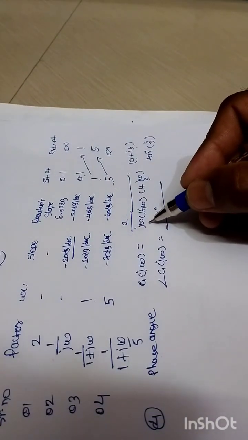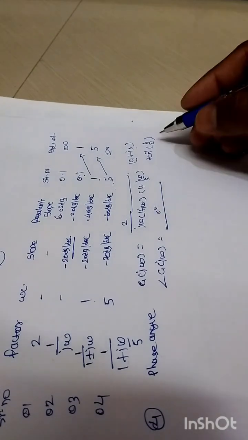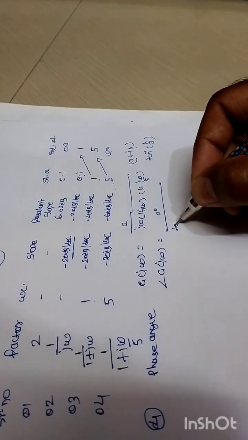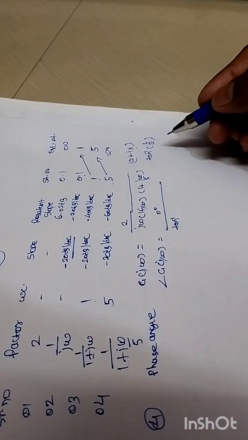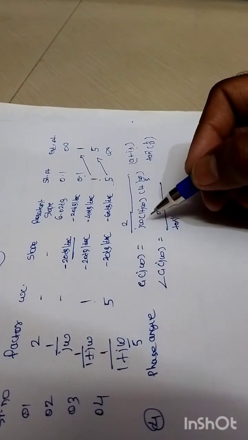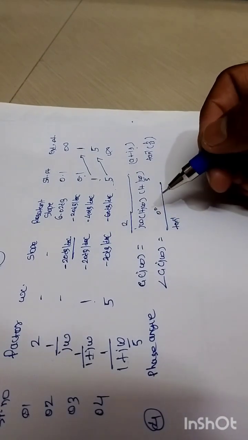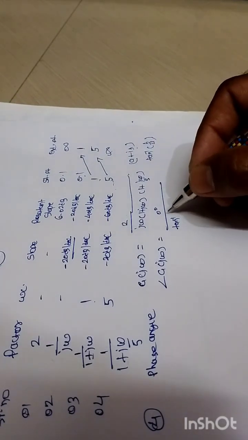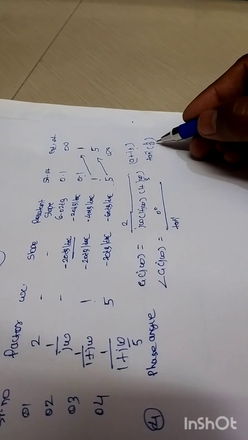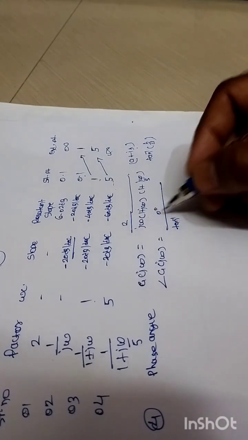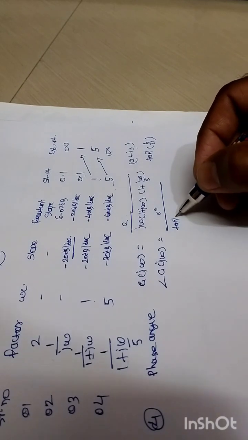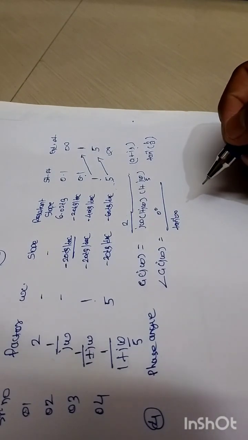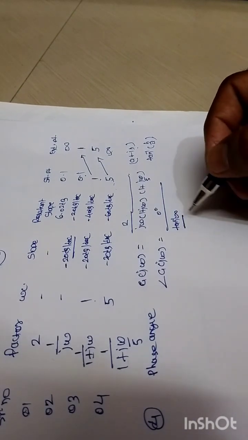Now as you can see, for the first factor we don't have any real part, so it becomes tan inverse of b by a. Here jω is imaginary, so tan inverse of ω upon a, where the real part equals 0, so it is tan inverse of infinity, right? For the first factor.